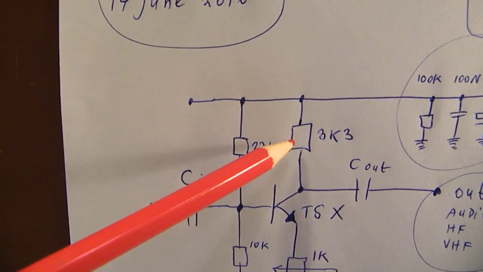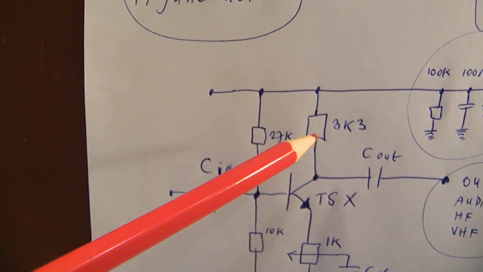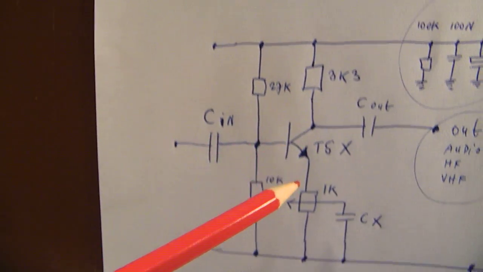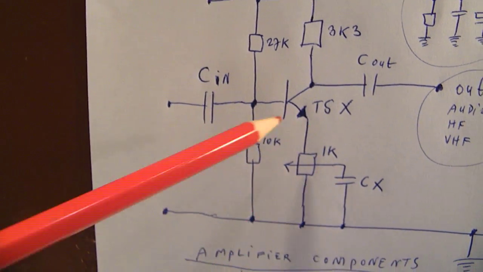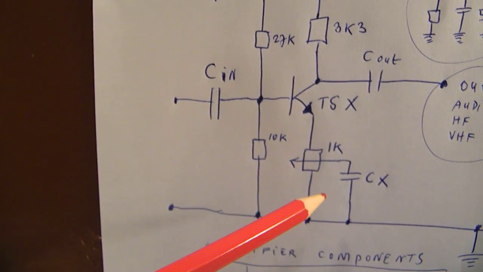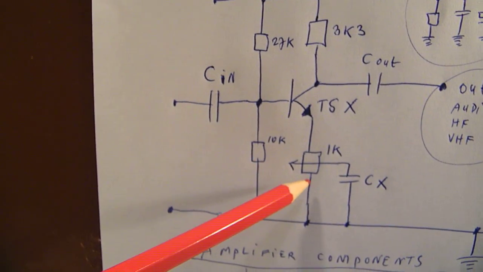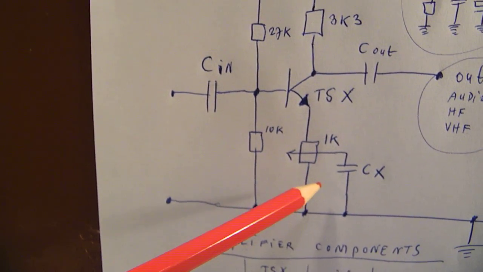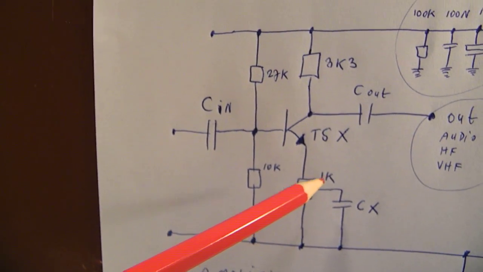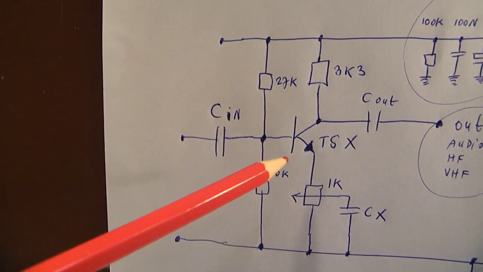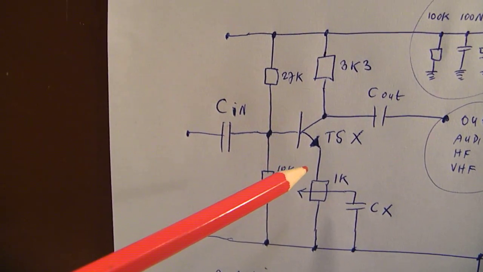So 3K3 here, 3000 ohms, and here 1K potentiometer, because you can change the value from that potentiometer here. You can get the optimal amplification factor from this transistor.